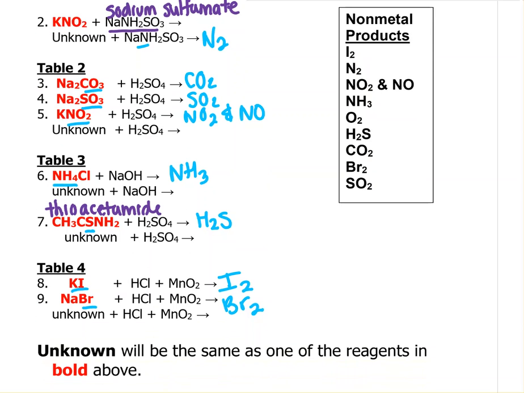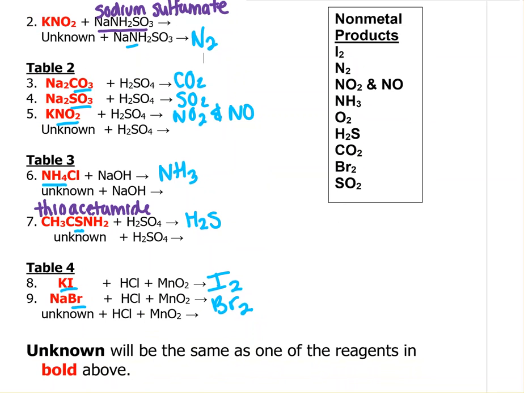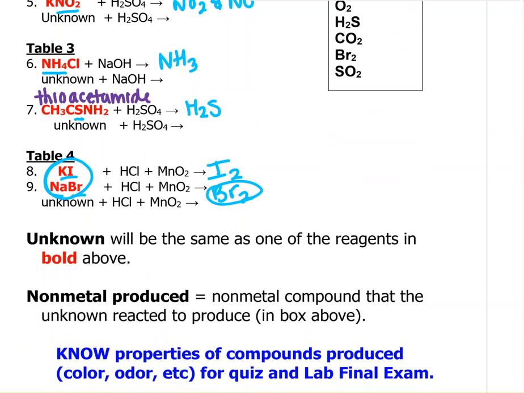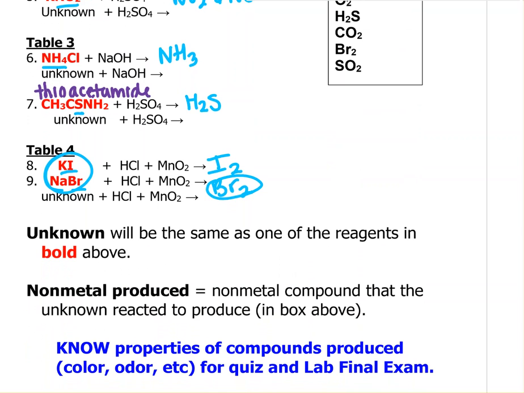So your unknown will be one of these things in red, and your gas that you're observing will be one of these in blue. And after you do this experiment, I will either grade or give you a key so that you'll know what those properties are and what the correct colors are for your lab final exam. And that's it.